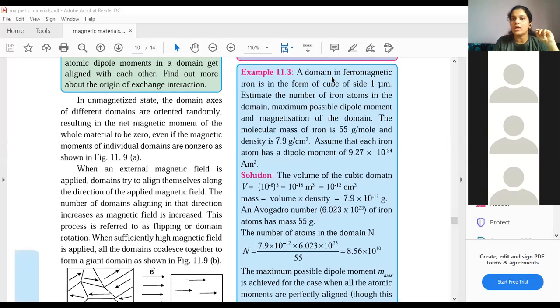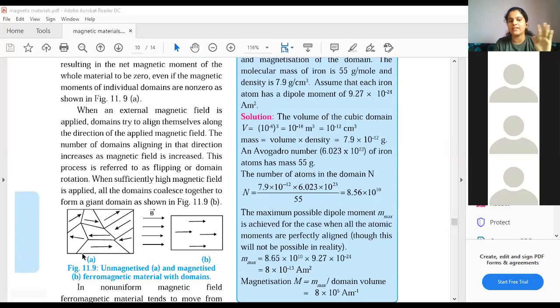A domain in ferromagnetic iron is in the form of a cube of side 1 micrometer. So we have iron which is ferromagnetic in nature, and because it is ferromagnetic, it has domains inside it. The domain inside it is in a cube form. Obviously this is in 3D; the diagram you are drawing is in 2D, but the material is in 3D.